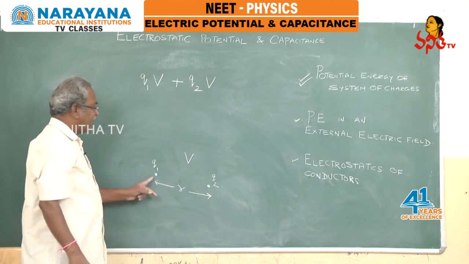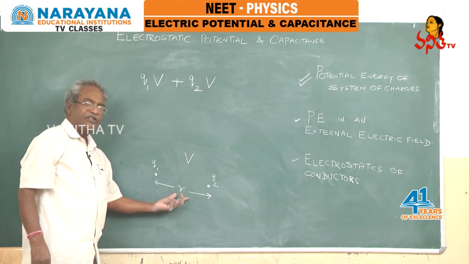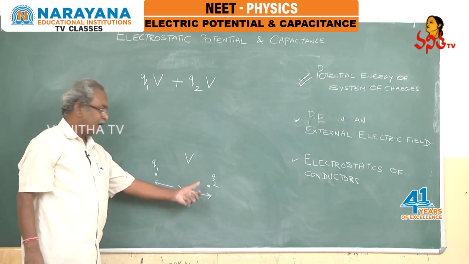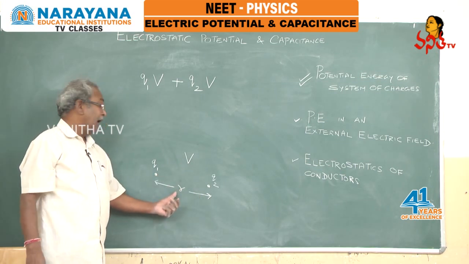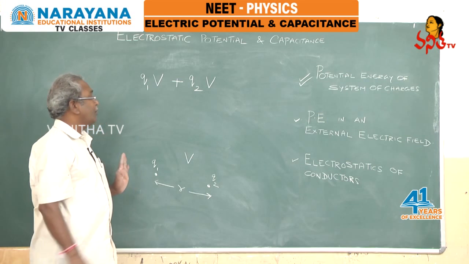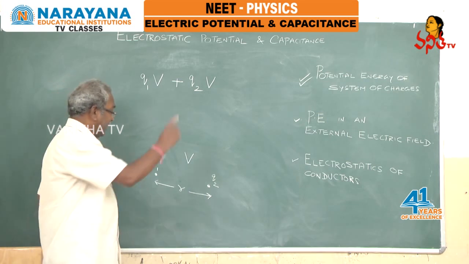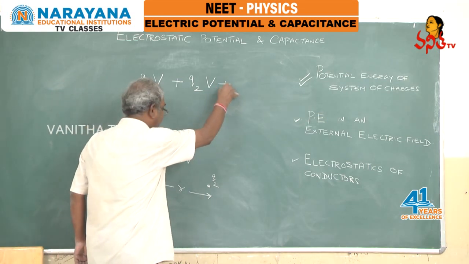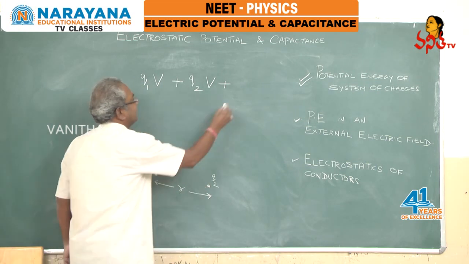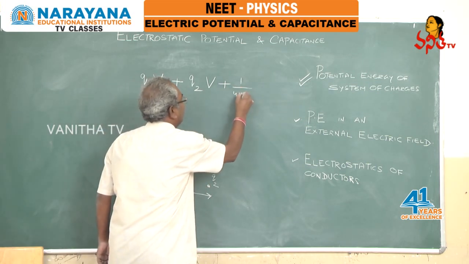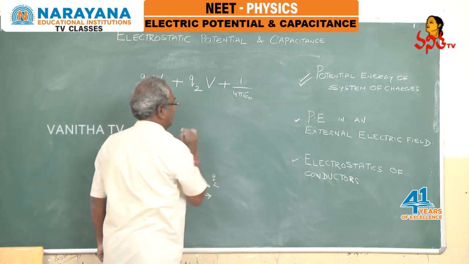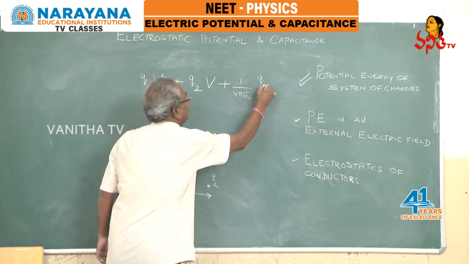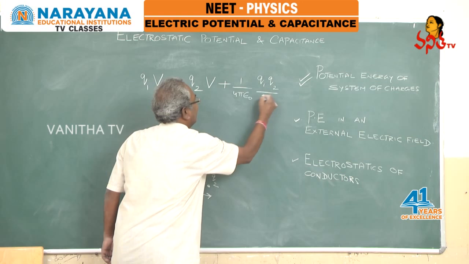Then Q1 and Q2 got arranged here, against their electrostatic force of repulsion. So in that case, the potential energy between this pair of charges is 1 by 4 pi epsilon naught Q1 Q2 by r.